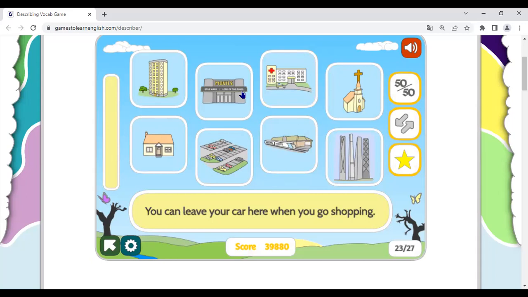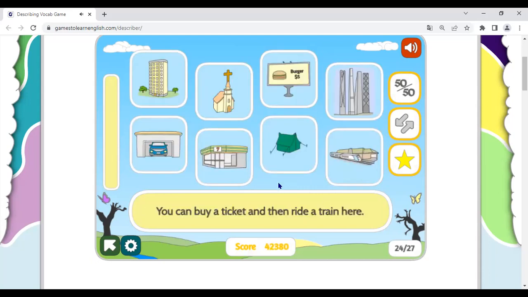Yeah, but convenience store is Oxxo, 7-Eleven. Yes. Okay. You can leave your car here when you go shopping. Starts with letter P, number 6. Okay, number 6. Car park. Or parking lot. You can say car park or parking lot.